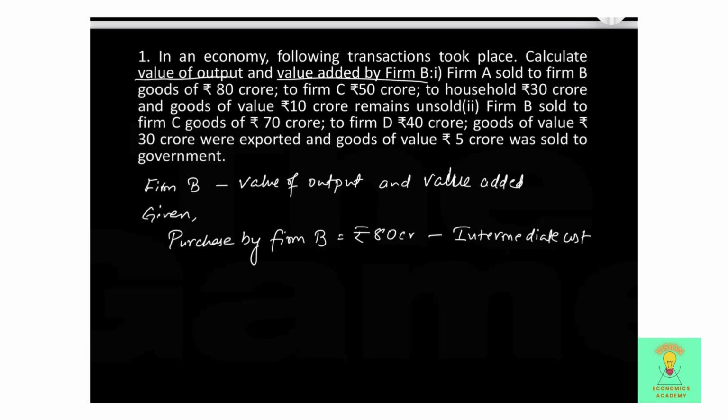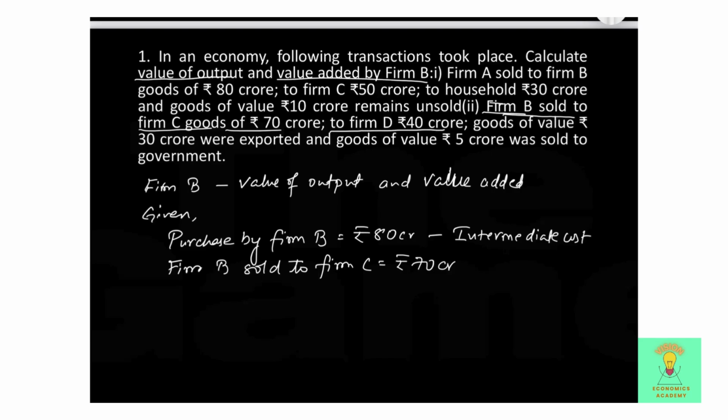Right? Then firm B sold to firm C goods worth 70 crores. Now this will be under sales, right?